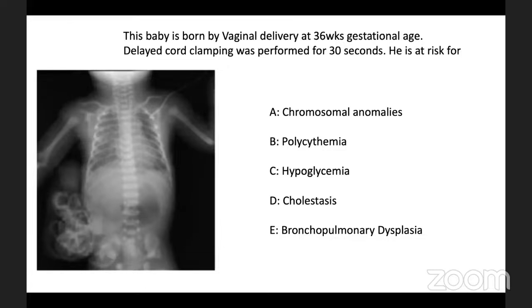As we discussed a few minutes back, it's most likely gastroschisis. And I mentioned the risks these babies can have. Yes, chromosomal anomaly can be one of the risk factors, maybe.